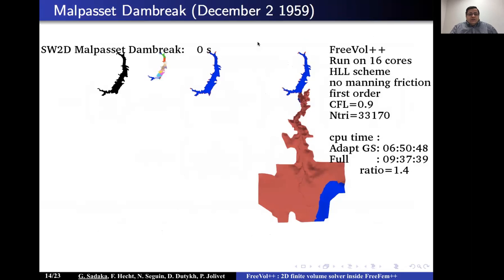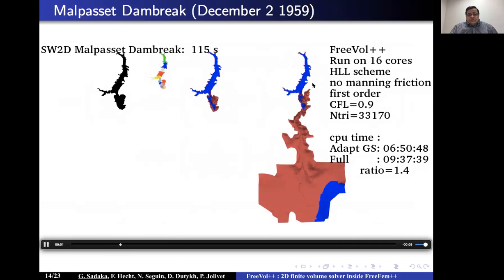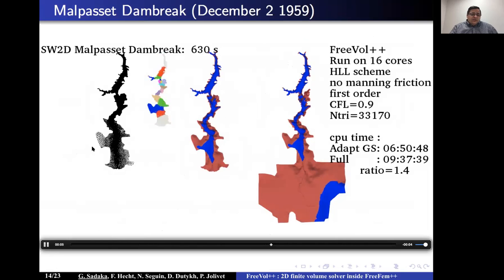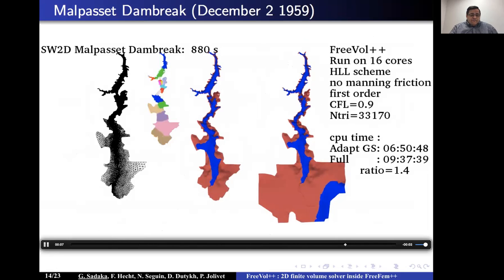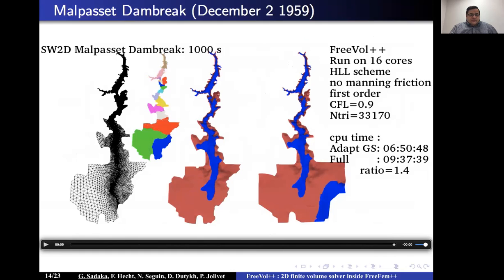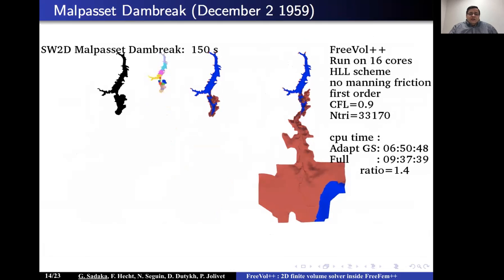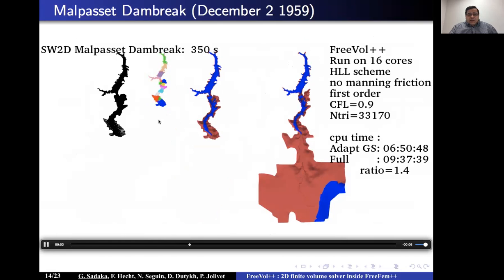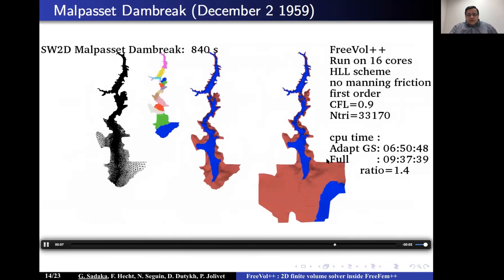So here for the dam break Malpasset, here the water which is coming down, and you have here an unstructured mesh, with different sizes of mesh, and here the domain decomposition, and here the domain adaptation, and here for the full.